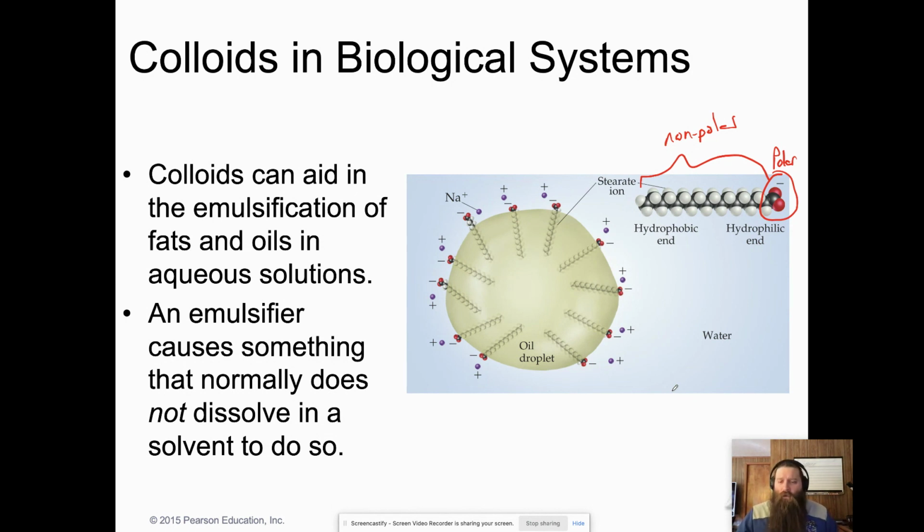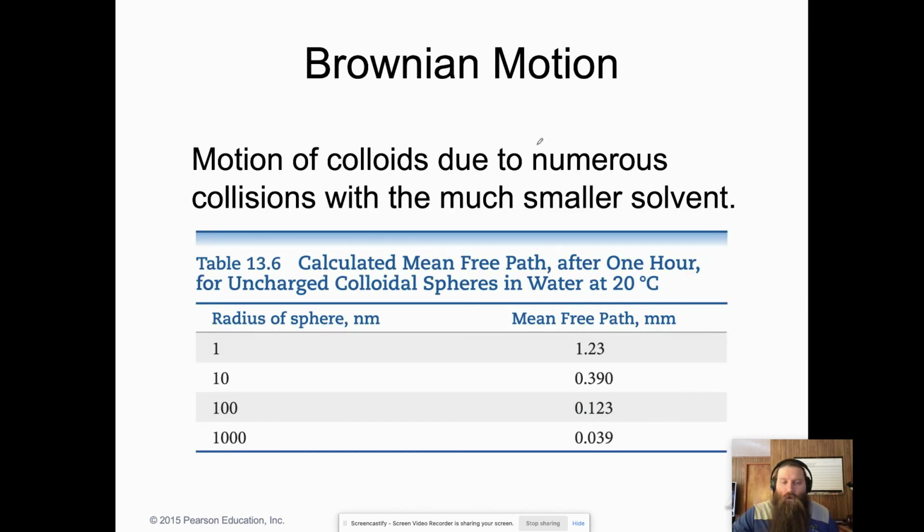If we couldn't do that, we couldn't process fats. That would be a bad deal for the human body. Something else that's interesting about this behavior is that it leads to this really nice circular fat droplet. When you look at milk through a microscope, you see all these circular droplets of fat suspended in water, and that's why.